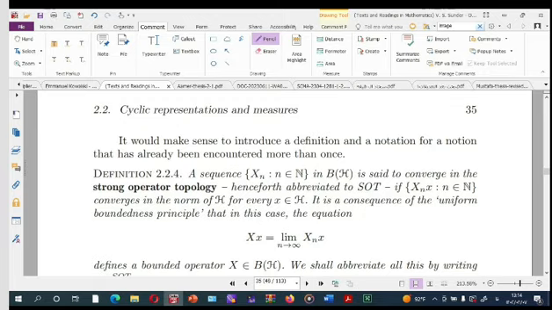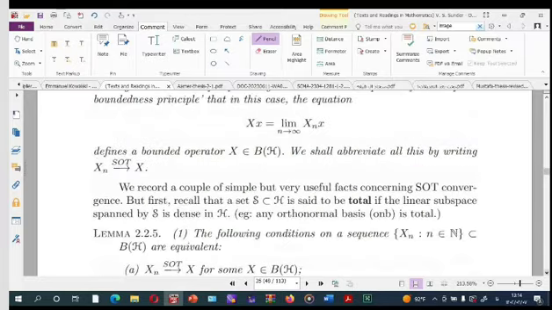This limit exists. It defines a bounded operator in B of H. We shall abbreviate all this by writing xn tends to X in the SOT topology.